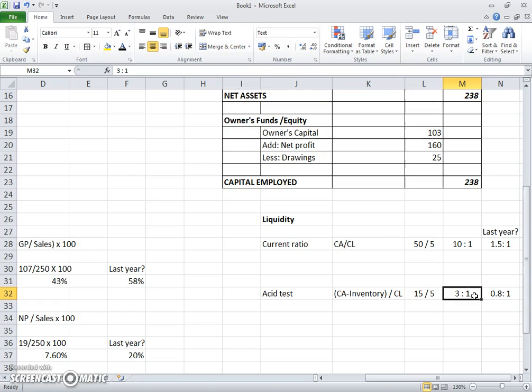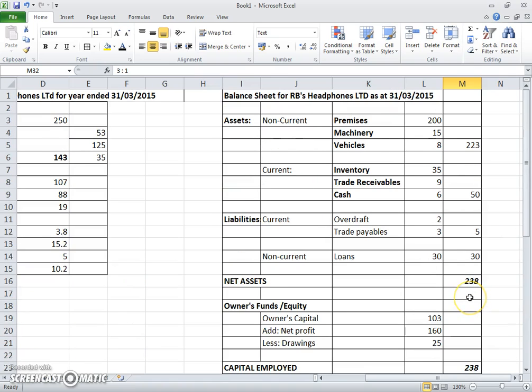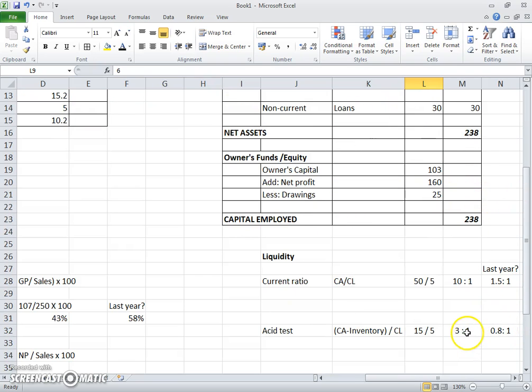So he's got £3 of short-term assets without his stock. So in terms of stuff he already sold, let's just scroll up and have a look. Stuff he already sold, right, his trade receivables, plus cash in the bank, he's already got 3 times the level of his short-term debts. Okay. He's got that in 3 times the level of his short-term debt. So he's fine. He's absolutely fine.